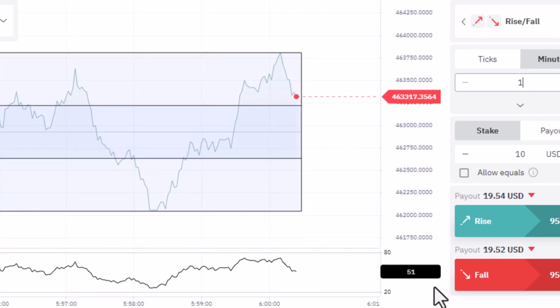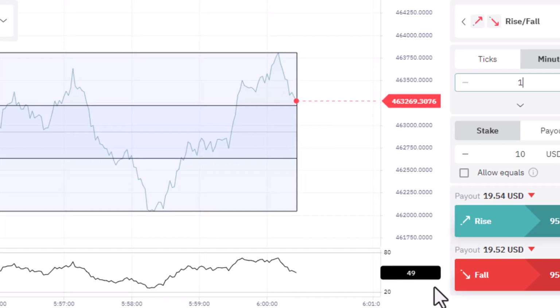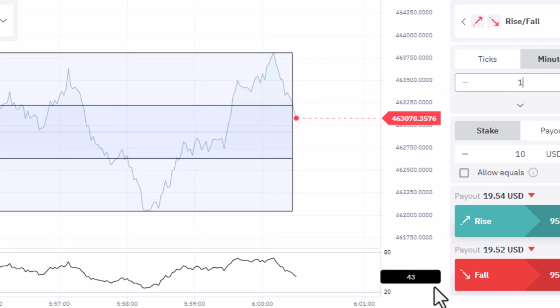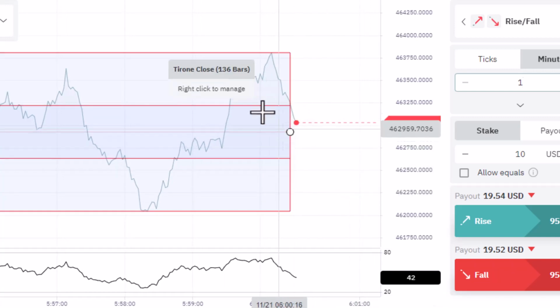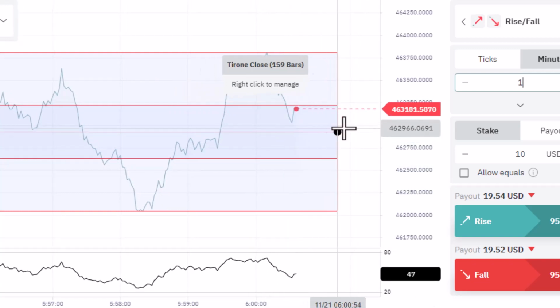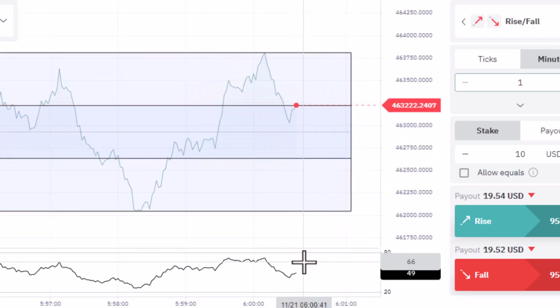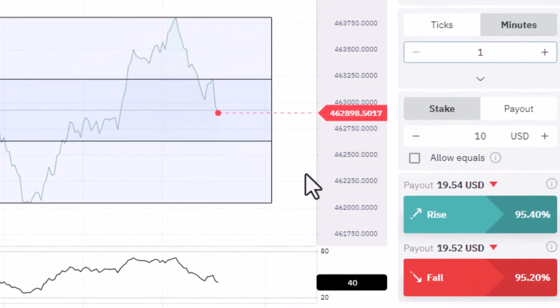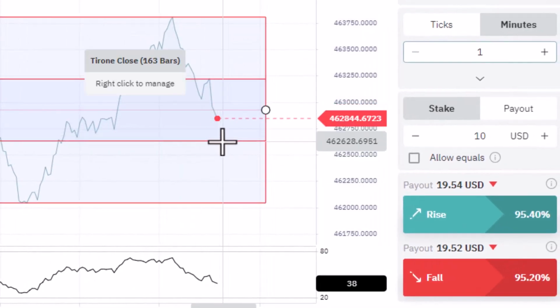So you see it is coming down to 51, 49, okay, 43, and it has broken this line, so we're waiting for it to either bounce off here. Okay, it may not get there again. Alright, it has crossed again. So it might bounce off here around this area.